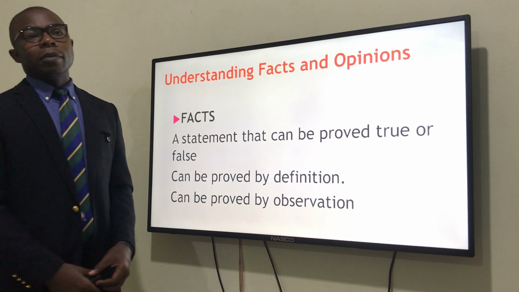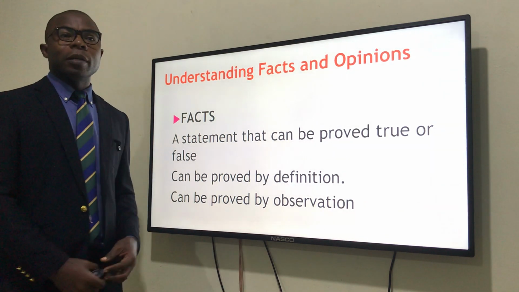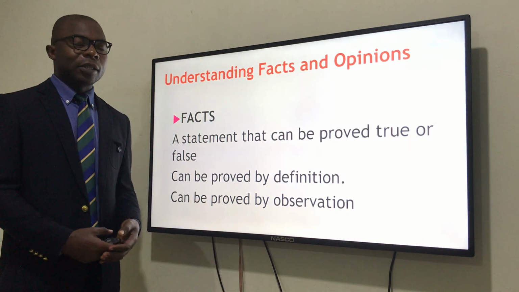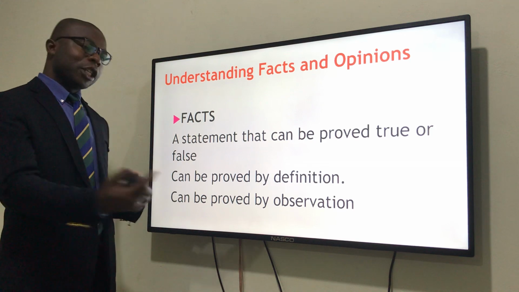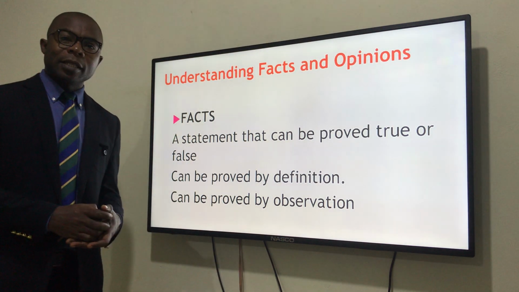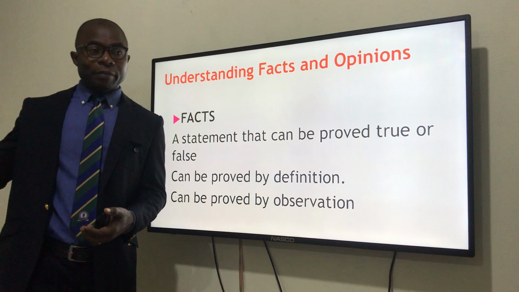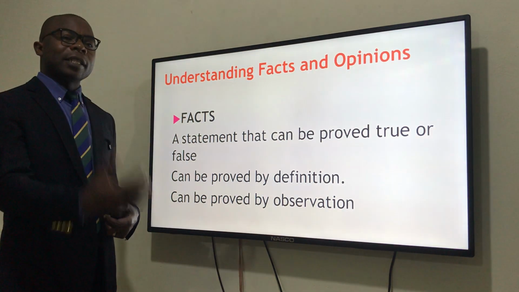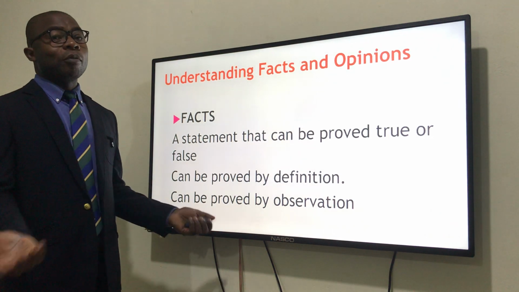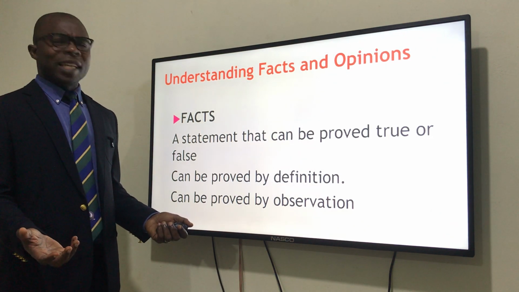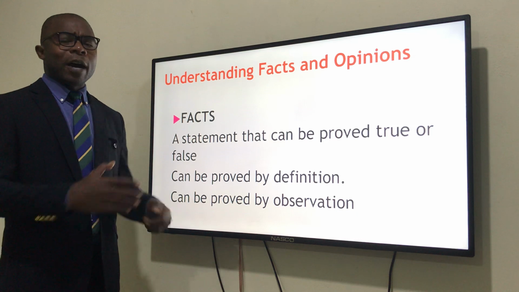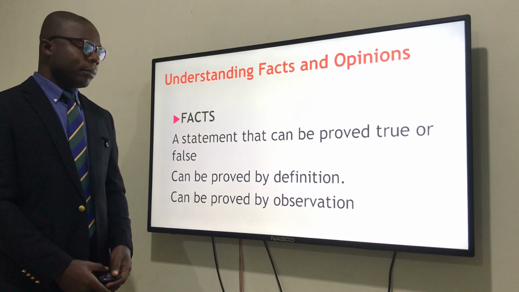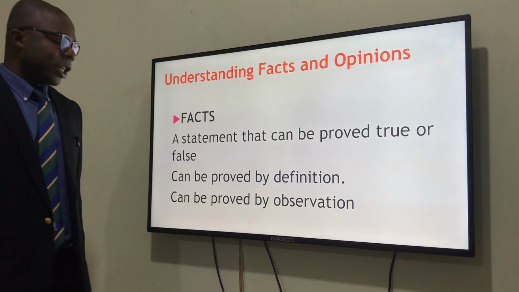So for example, ever since you were born, even before you were born, people have observed that based on the rotation of the earth, the sun rises from the east. And throughout your life, you have never seen the sun rising from the north, the south, or the west. So it is a fact, without a doubt, that the sun rises from the east. So it's proved by observation.